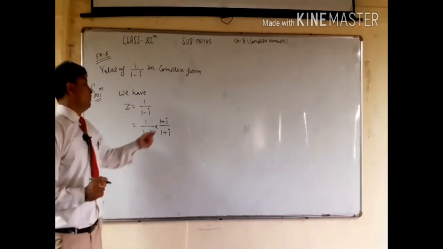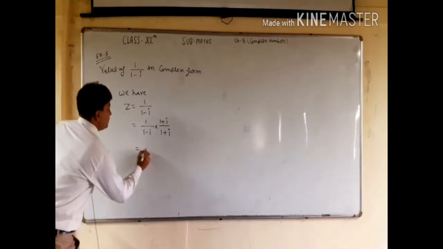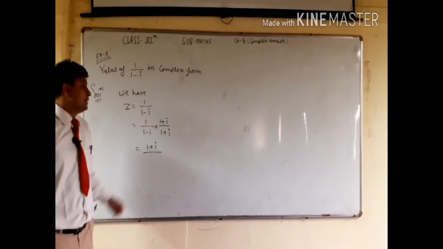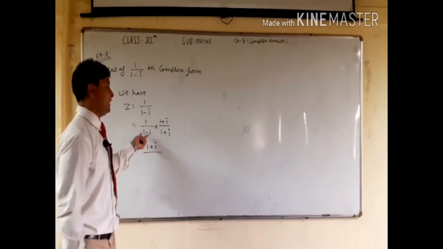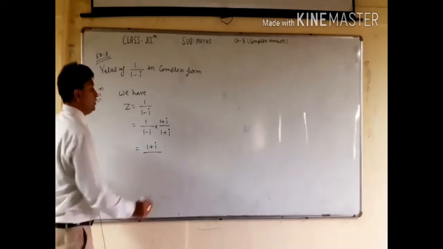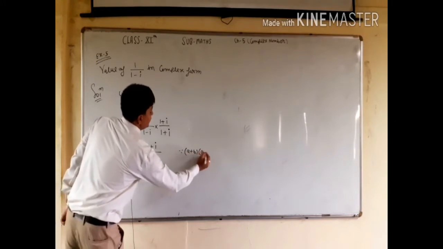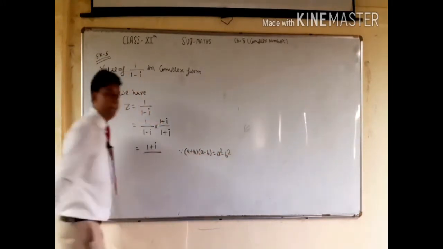So 1 plus iota multiplied by 1 is equal to 1 plus iota, and we know that this is the formula of a plus b, a minus b, and we know that a plus b, a minus b is equal to a square minus b square.